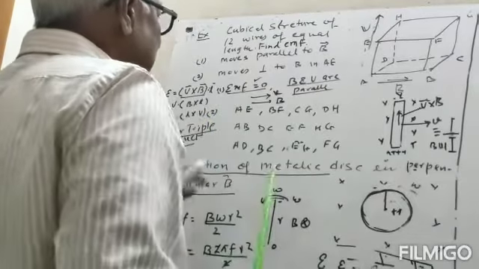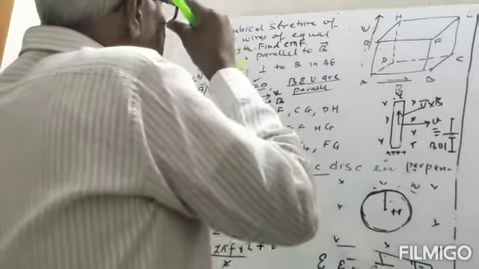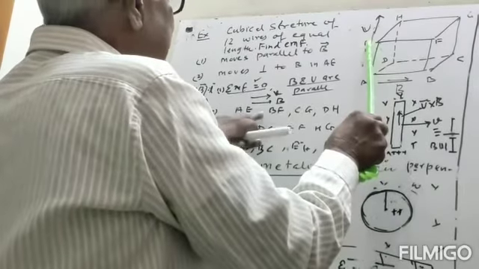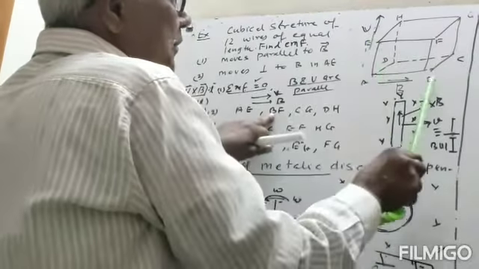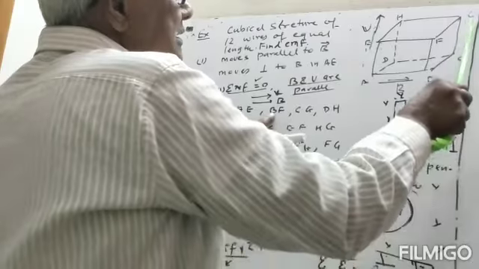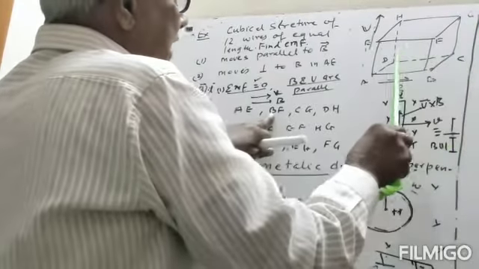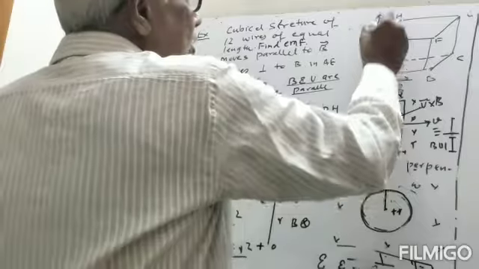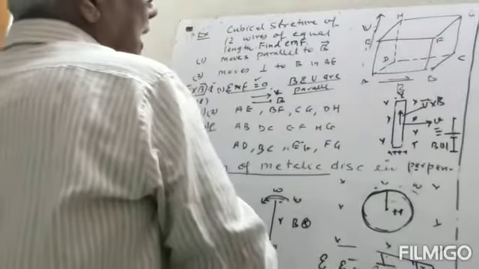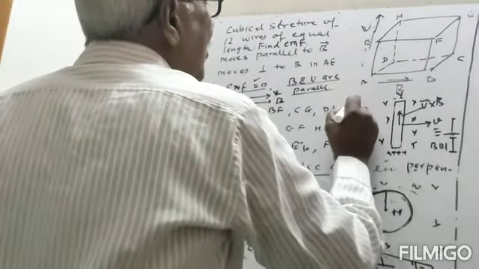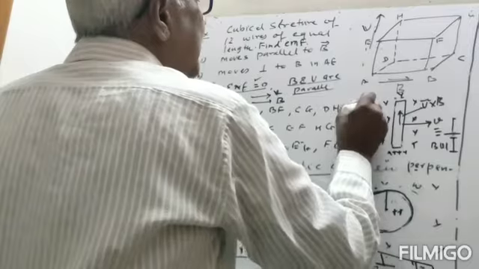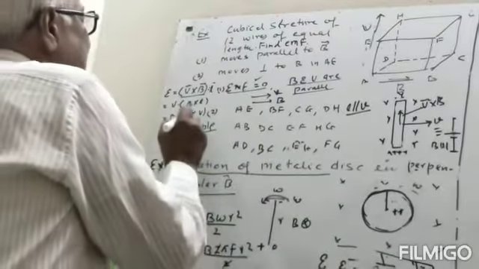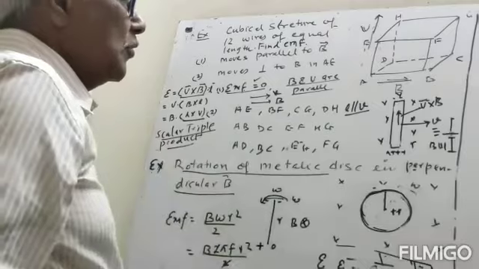If we consider AE, then BF, then CG and DH, all these lengths are parallel to V. So when L and V are parallel, the cross product will be equal to 0.